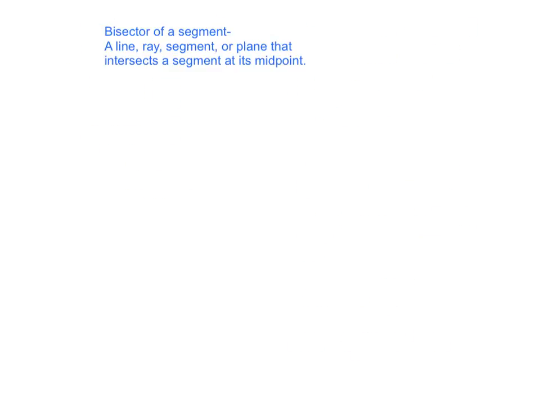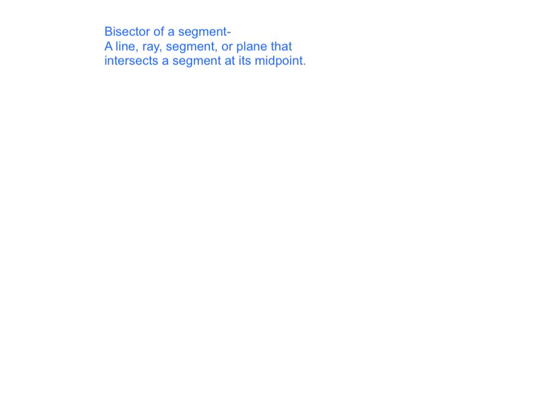At the bottom of your first page of notes, if you would copy down the above definition, the bisector of a segment. It's a line, ray, segment, or plane that intersects a segment at its midpoint.